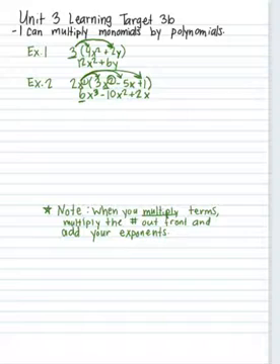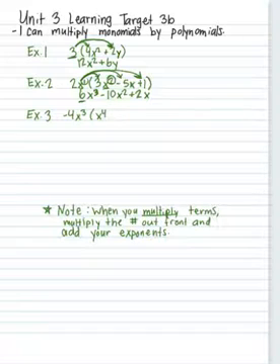Alright, example 3. Negative 4x to the third times x to the fourth minus x squared plus 3. Alright, we're still just going to distribute.